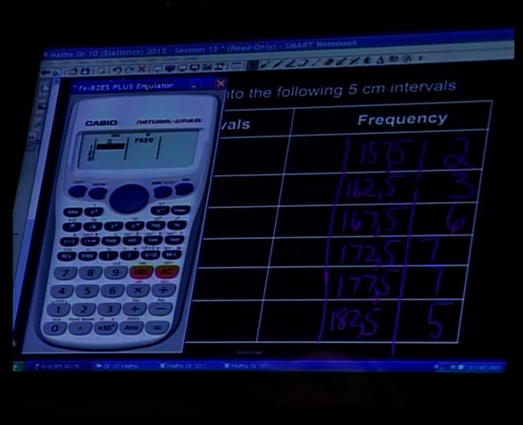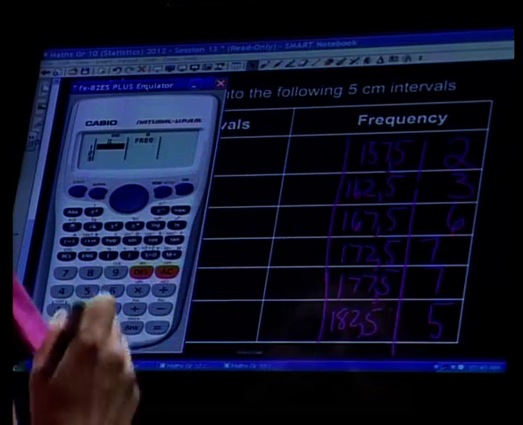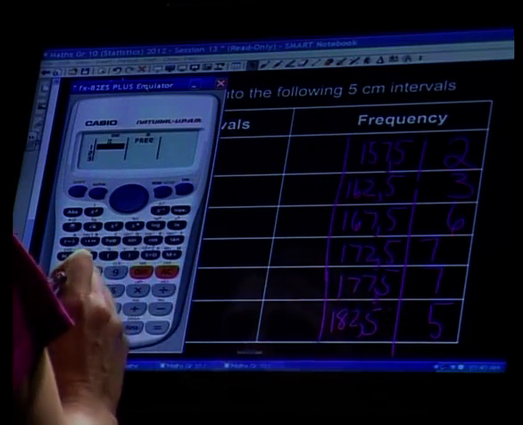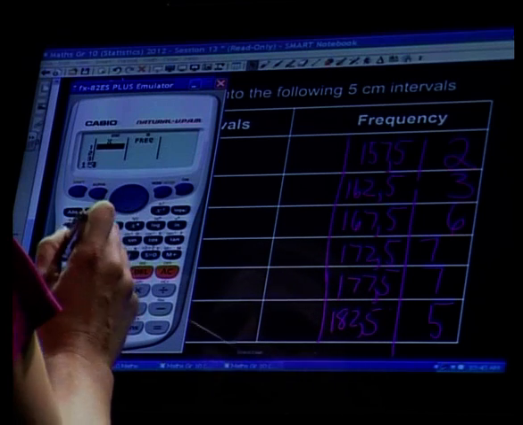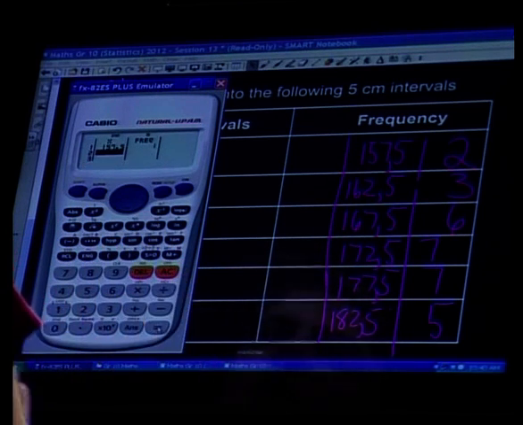You have to get your calculator into the form where you've got two columns. One is for the data and the other one is for the frequency. So I'm going to enter this now. I'm going to say 157,5 equals. I'll do all the midpoints first and then I'll do the frequencies.